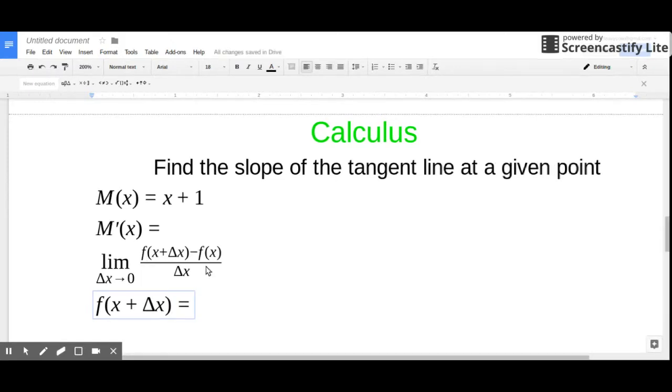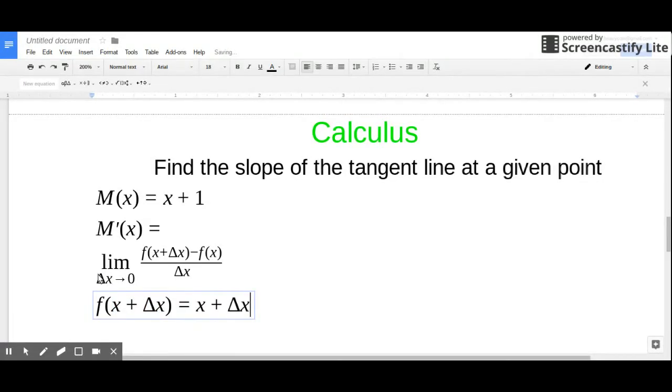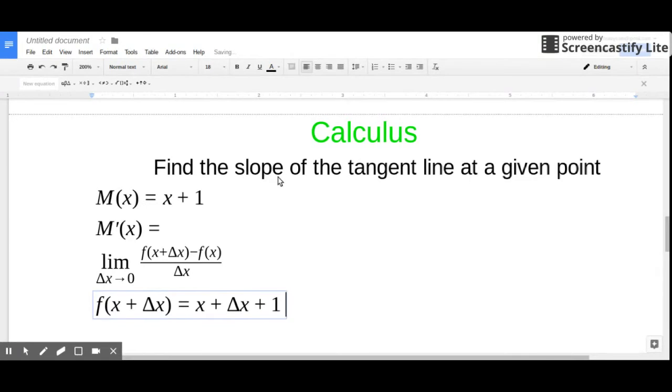So we're taking x plus delta x and plugging it in to this right here. I noticed there's something I left off; we'll talk about it in just a second. Let me finish this. So we're plugging it in, so this x gets replaced with whatever's in parentheses here, and then we have plus 1.